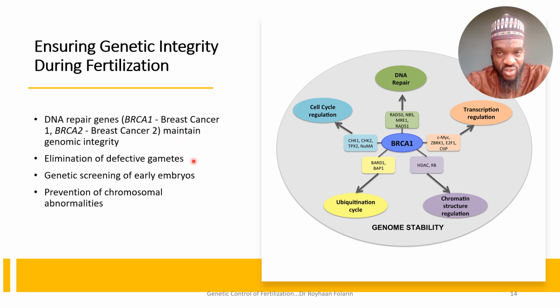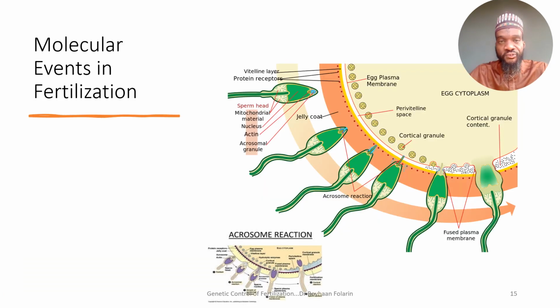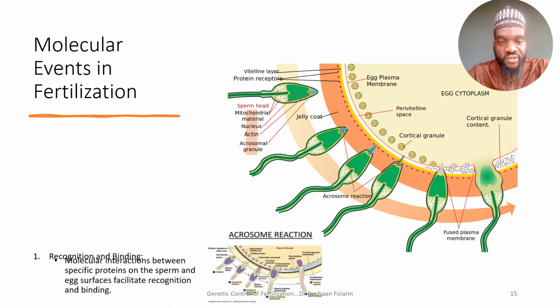Genetic screening also helps to identify chromosomal abnormalities to improve the chances of healthy embryonic development. BRCA1 especially is implicated in DNA repair, regulation of transcription, chromatin structure regulation, the ubiquitination cycle, and regulation of the cell cycle.